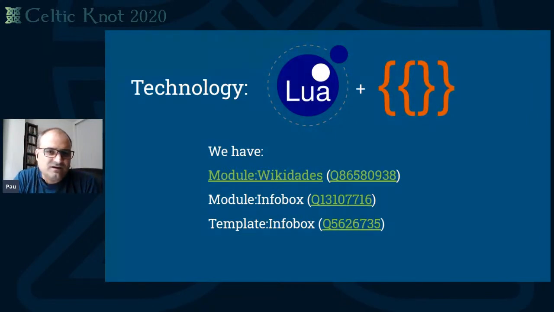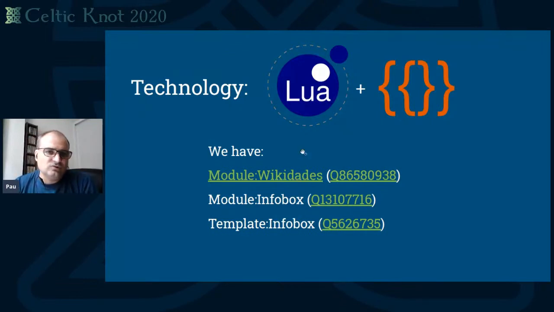The module called Wikidata in the beginning was the same as the module Wikidata in most Wikipedias, but at some point it was forked because it had some different uses, and we now have our own. It's not only a Catalan module, but it's also in 16 more languages. For example, it's also in Galician or in Arabic.